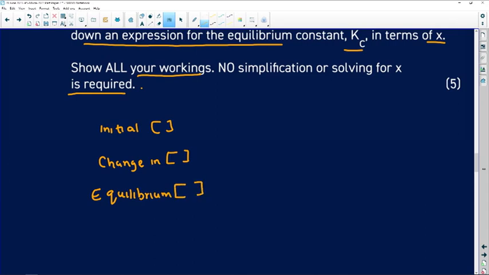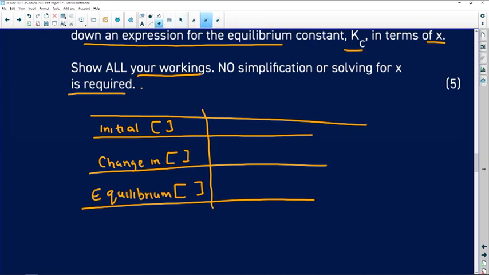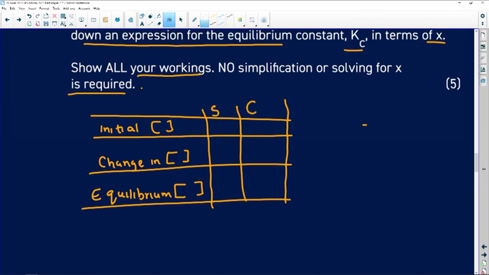So we have this table here. From our table, what do we have on this side? We can remove that so that it's in line. We have sulfur and carbon disulfide, CS2.